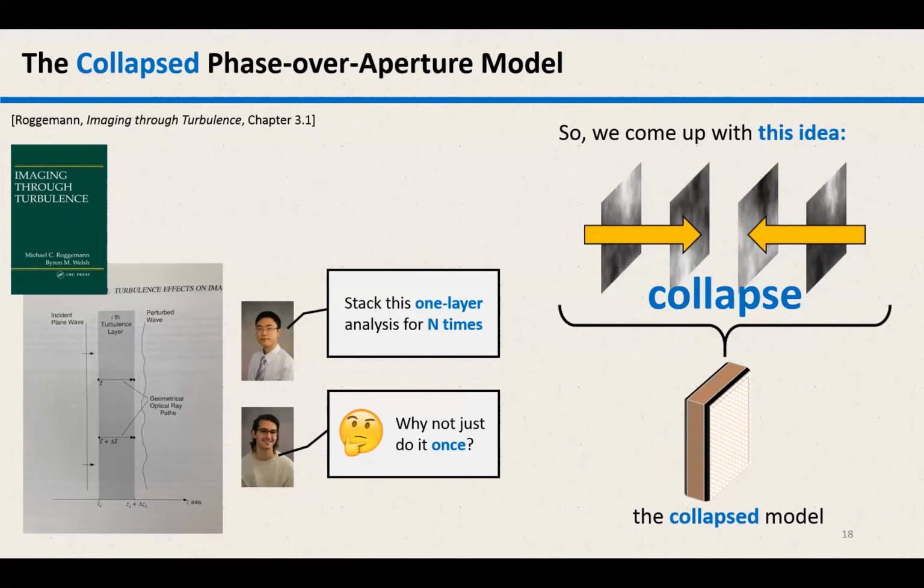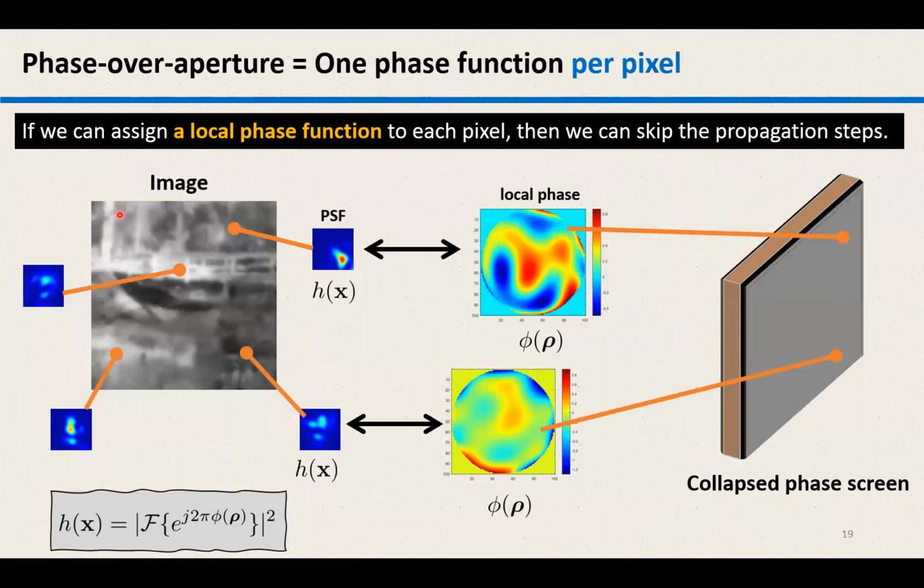So how is it possible? Let's look at this image. For every pixel, you have a point spread function, and they are spatially varying. Underneath each point spread function, there is a local phase function. So there is a one-to-one correspondence between the point spread function and the local phase.